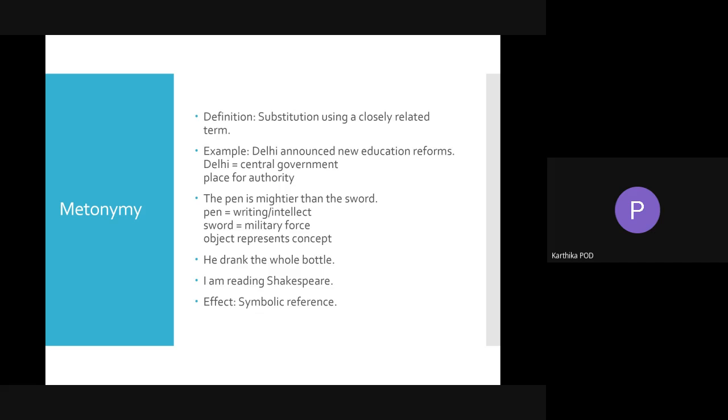Next is the pen is mightier than the sword. Pen represents writing, which represents knowledge and intellect, right? So here the meaning is that knowledge and intellect is much more powerful than military force, which is represented by the sword, or weapons.